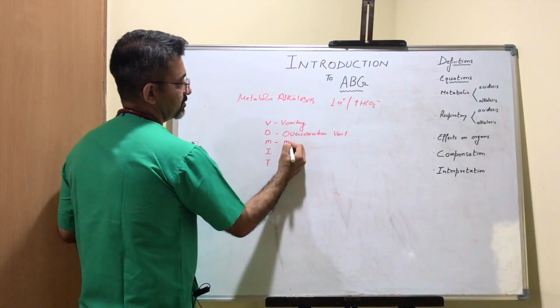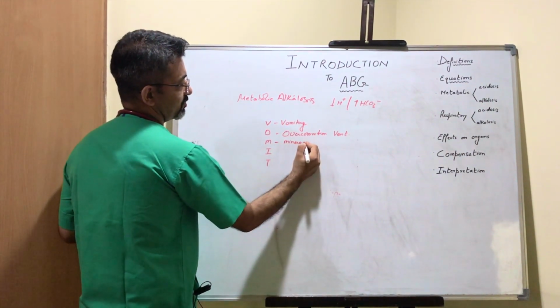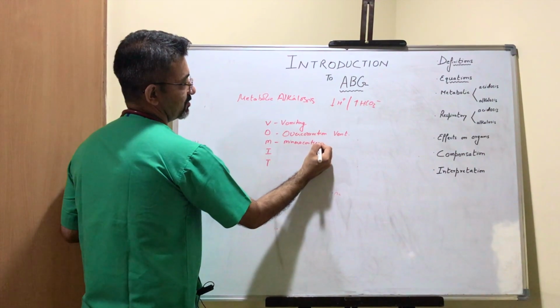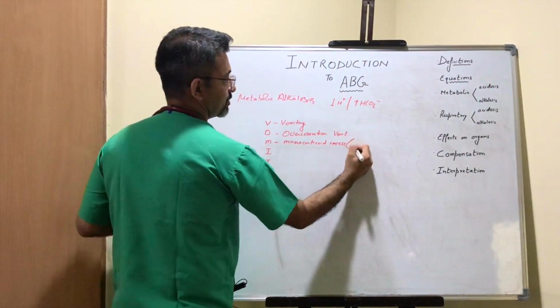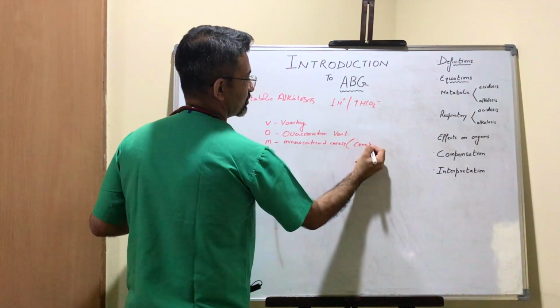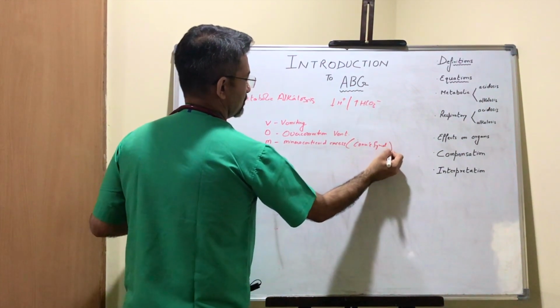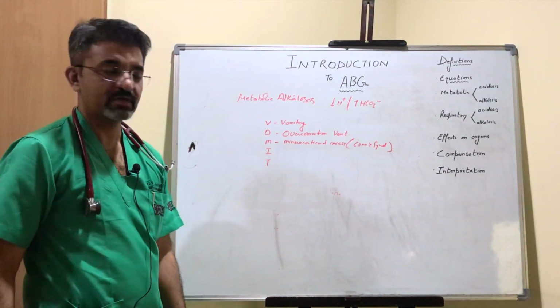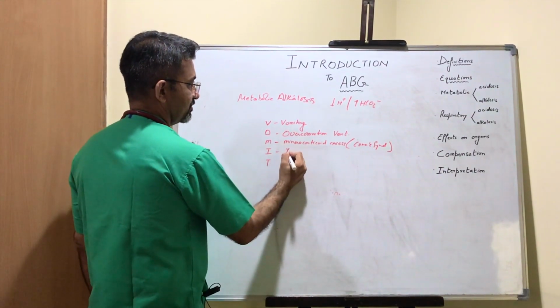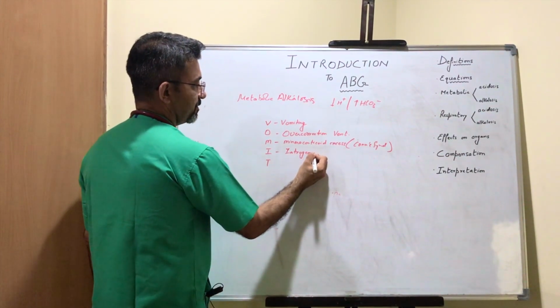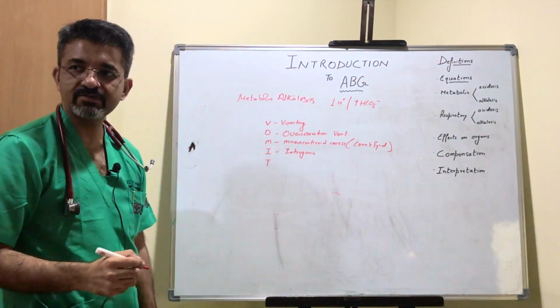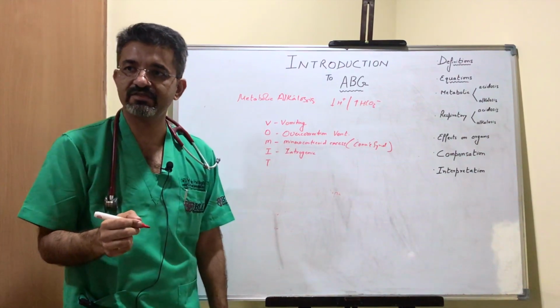M is mineralocorticoid excess. The main example is Conn syndrome. I is iatrogenic. Say for example, I have a patient whom I want to give a contrast for a CT scan.